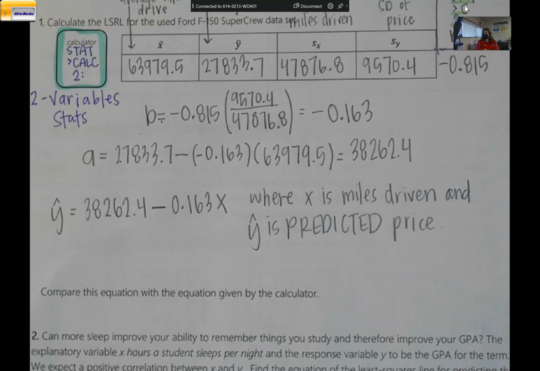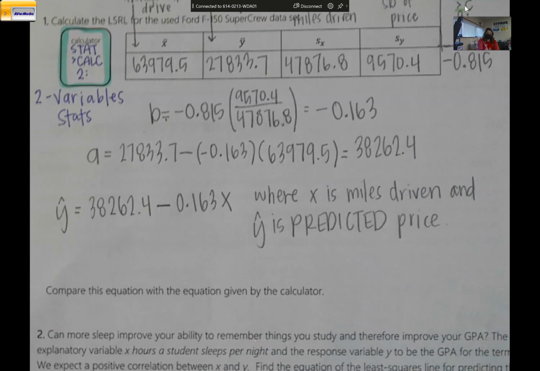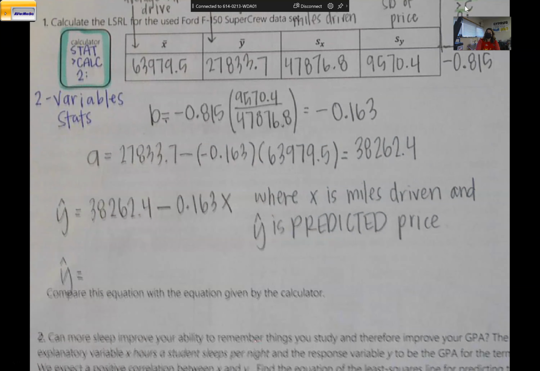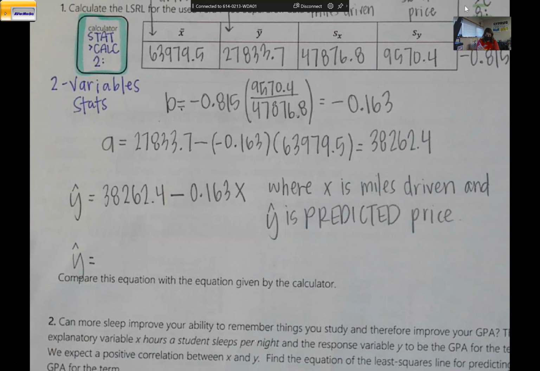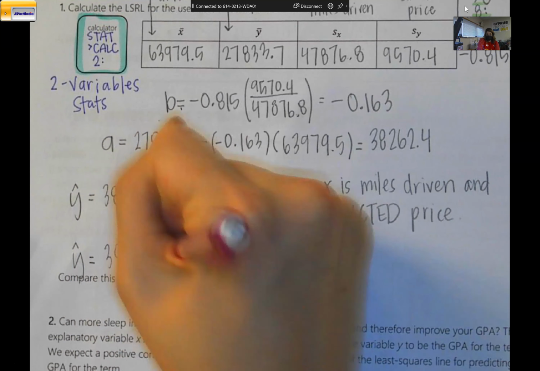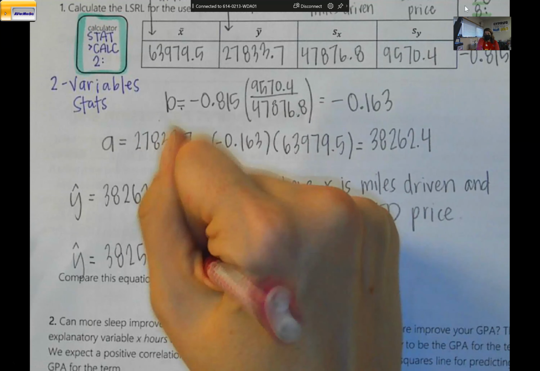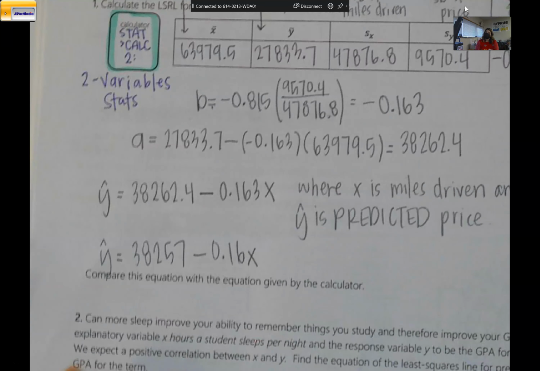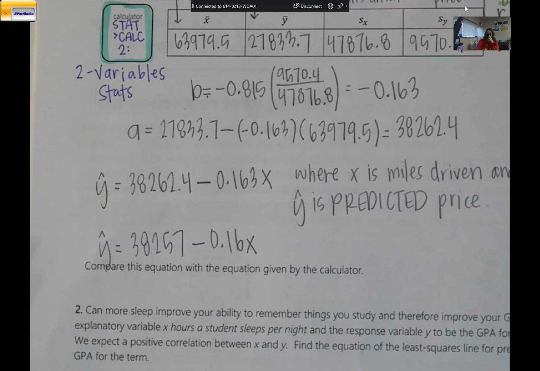The last one says, compare this equation with the equation given by your calculator, which I have memorized because I've done this problem so many times. So the calculator gave us 38257 minus 0.16x. So how'd we do? We pretty close to the same?